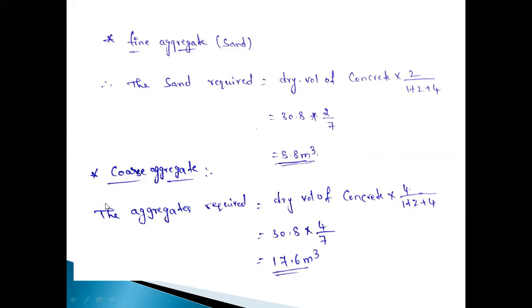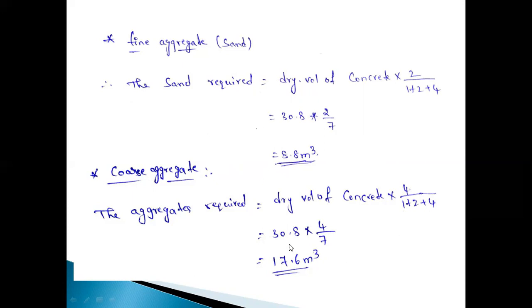Next one is the coarse aggregate. The aggregate required is equal to dry volume of concrete multiplied with the coarse aggregate proportion, divided by the mix proportion, cement, sand, aggregates, 1 plus 2 plus 4.